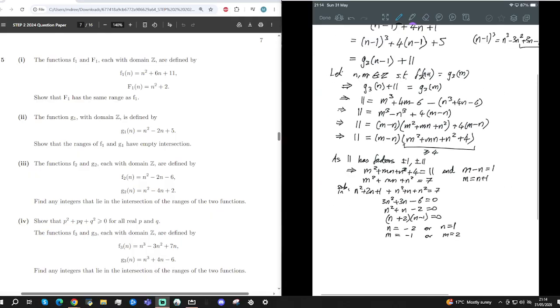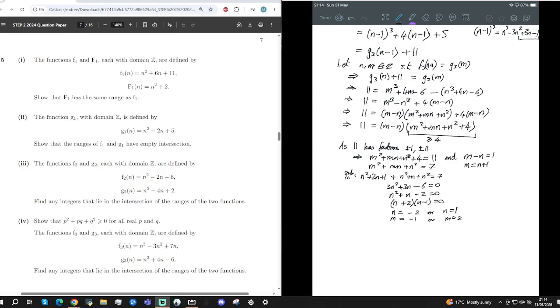Okay, so if there's something in the overlap, then it's only with these values. So let's find these things. Going back to what the definition of these were, g3 of negative 1 was negative 1 cubed plus 4 times negative 1 minus 6, which is negative 11.